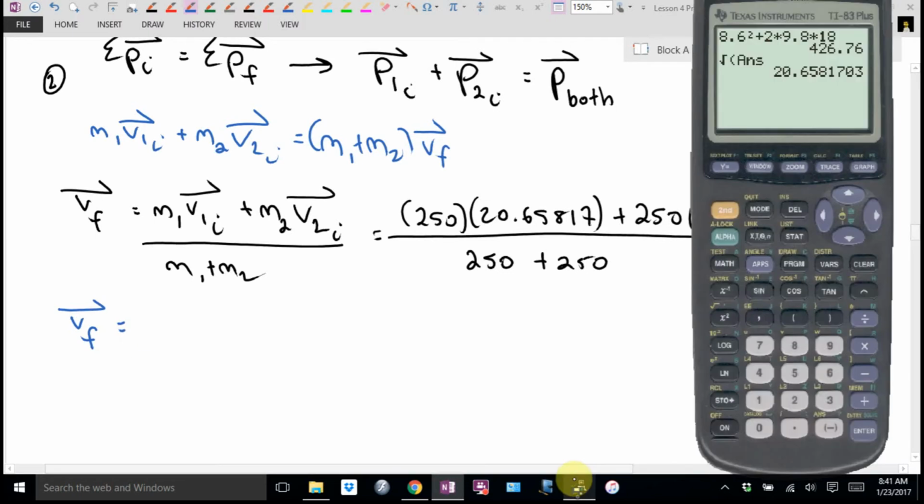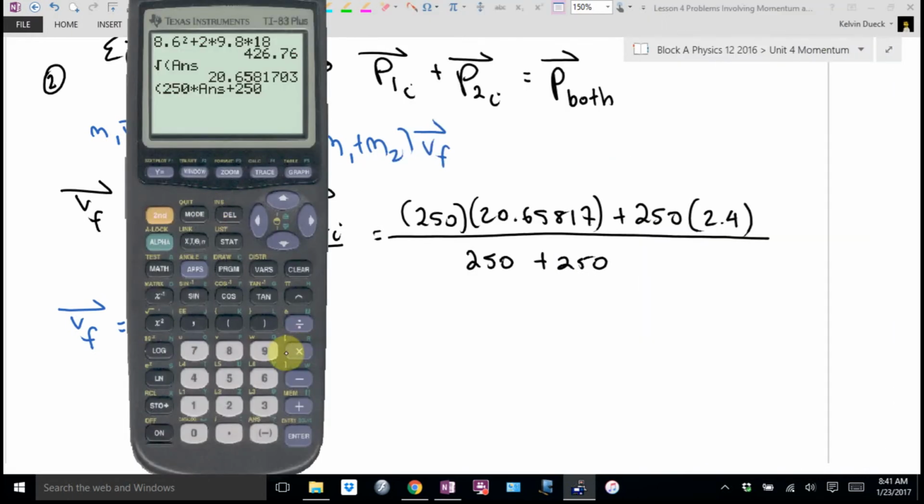After the collision, we're going to get bracket 250 times answer button plus 250 times 2.4 divided by, okay? I'm going to add that together. 500. And I get, double check my typing, plus and plus times.